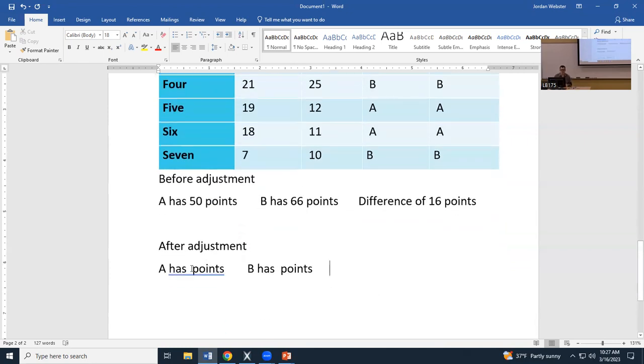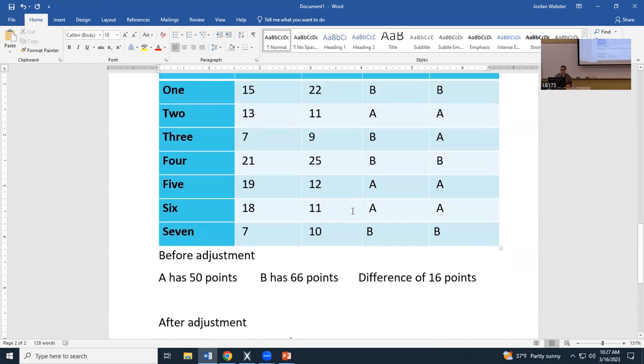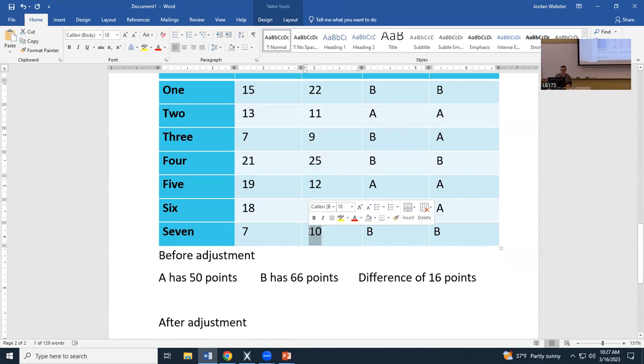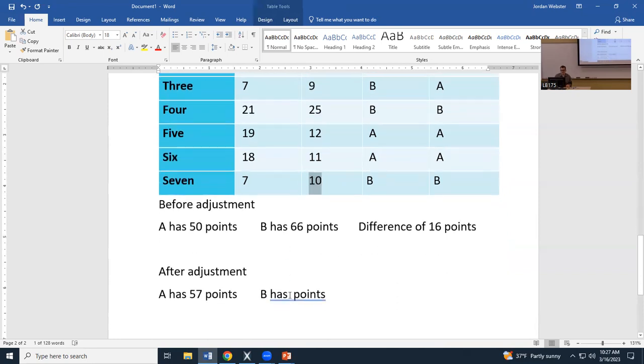A now has 57 points of what they spent. And if you look at B, 22 plus 25 plus 10, they also have 57 points.